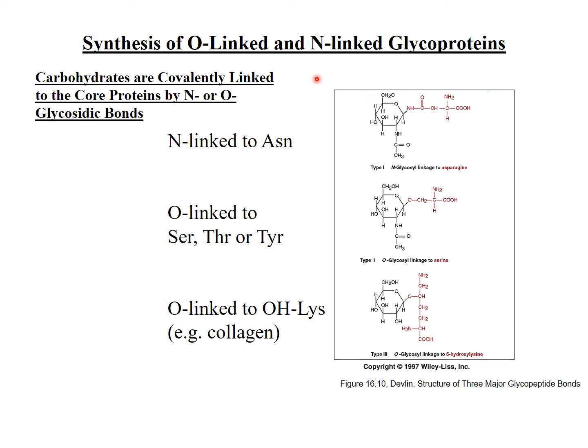So, how do we synthesize these glycoproteins? We have the protein coming off the ribosomes, and there are some specific amino acid residues in the protein to which these glycosyl moieties can be attached. So, these glycosyl moieties can bind through a so-called N-linked bond to asparagine. Asparagine has this imino group at the end of the side chain.